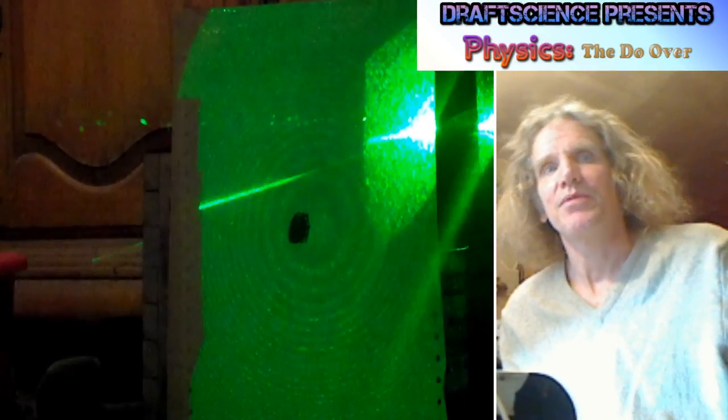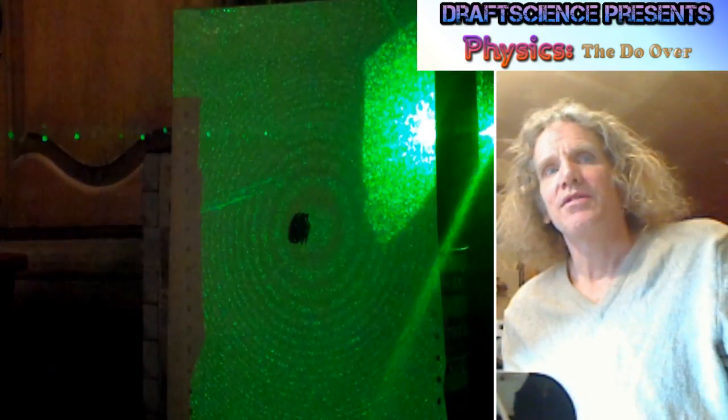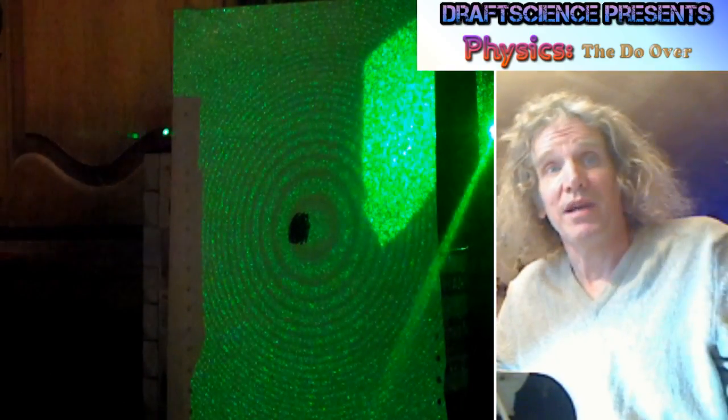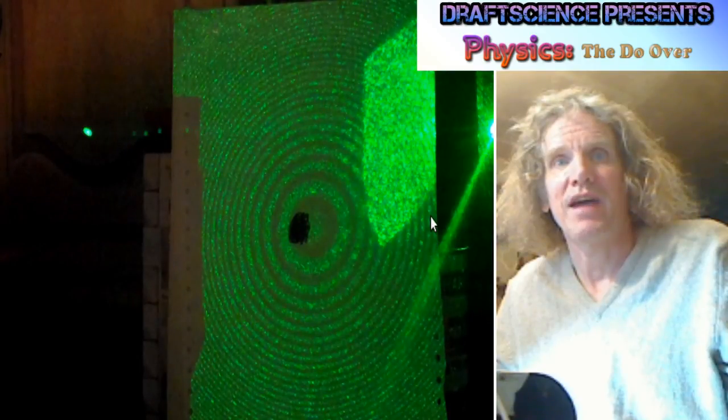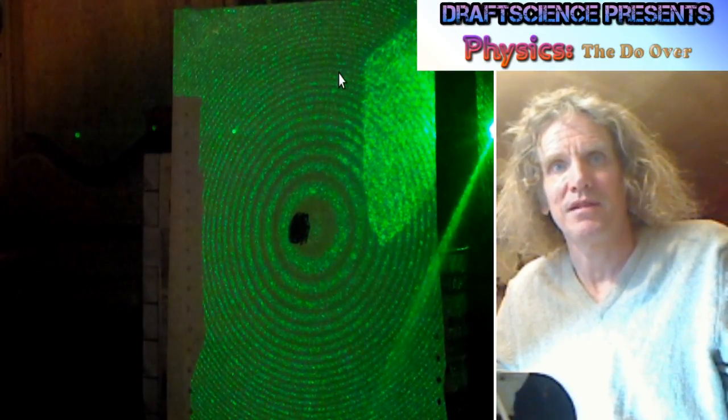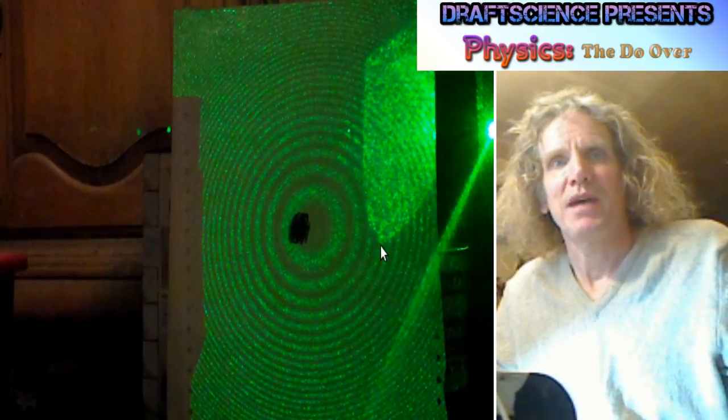Pretty much seems reasonable. Here I'm cleaning it, and it changes things in weird ways. This square artifact is, I think, something from the laser beam itself, something within the laser beam that's created that strange pattern.